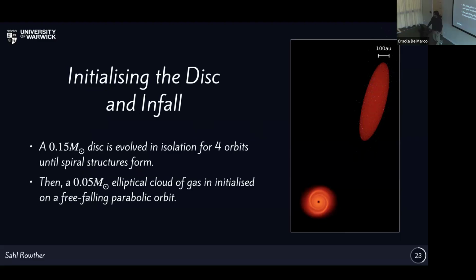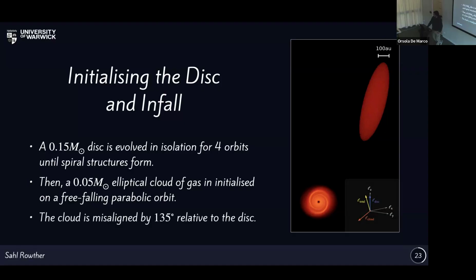Then we add a 0.05 solar mass cloud that's initialized on a 0.3 infalling parabolic orbit, similar to a flyby. And we incline the cloud.